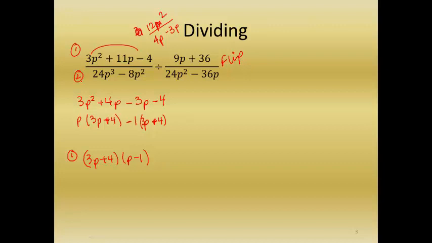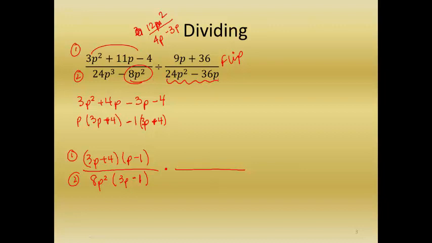In the denominator of that piece, I'm going to factor out a GCF, and that GCF is 8p squared, leaving behind not just a 3p, but I have to consider that if I took out everything from here, there's a placeholder of a minus 1. In the next fraction, I'm going to flip it over.